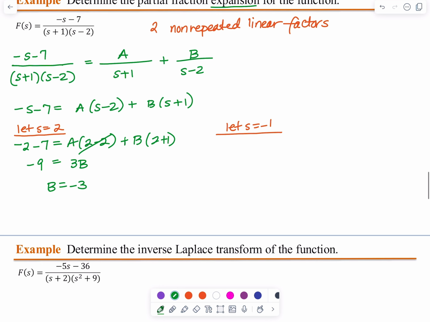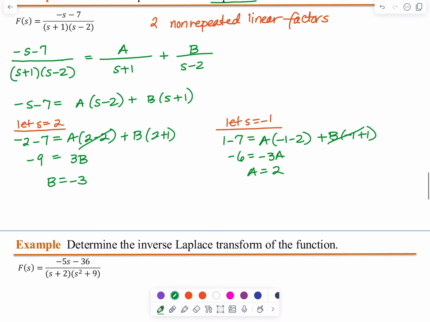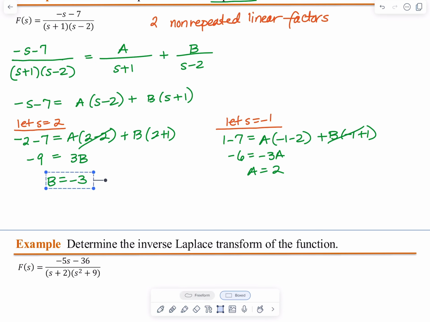So we have a negative 1, which is a positive 1 minus 7, is equal to a times negative 1 minus 2 plus b times negative 1 plus 1. Of course, we planned it that way. So we have a negative 6 is a negative 3a, and a is equal to 2. So that's a nice fast way if you don't already have a method.